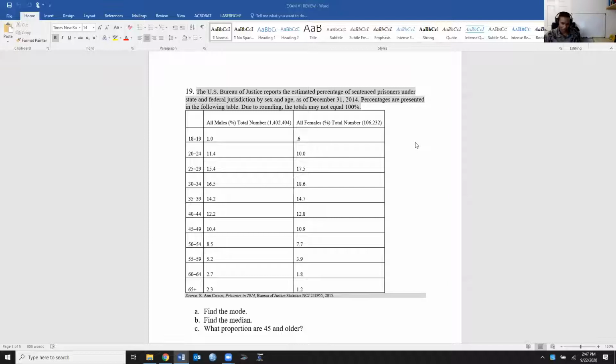Percentages are represented in the following table. What categories for males and females are the mode? 30 to 34, good. And for females, what category is the mode? The same. Good, 30 to 34.